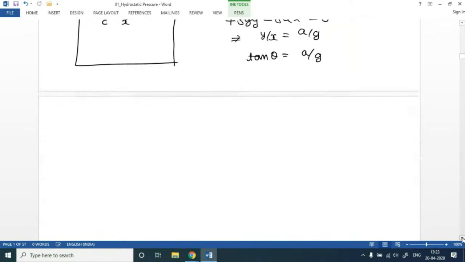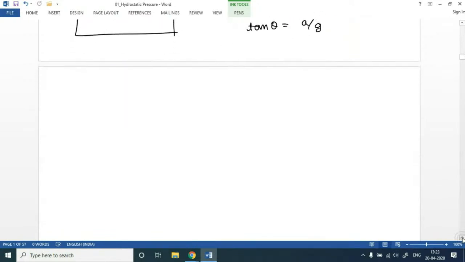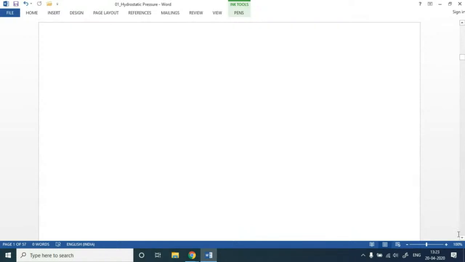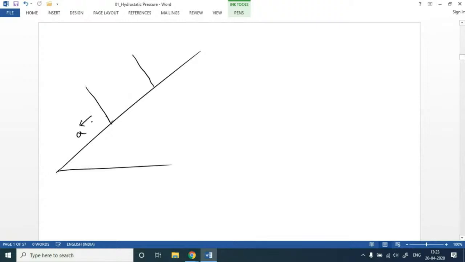Like for example, one specific problem I want to discuss over here. Let's say, for example, there is an inclined plane, and say there is a container which can slide on this inclined plane. So let's say, for instance, it is sliding down the incline and there is some liquid filled in this container.